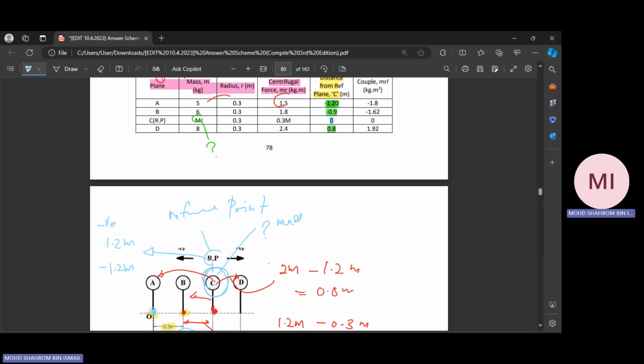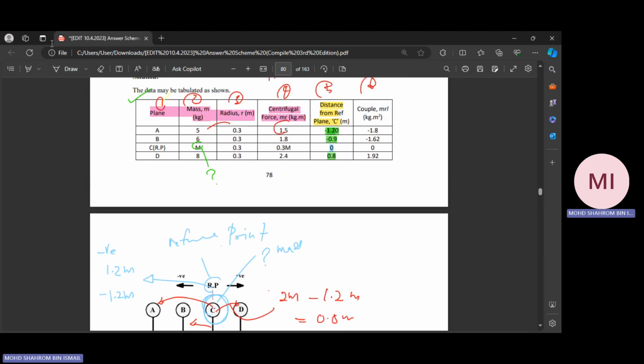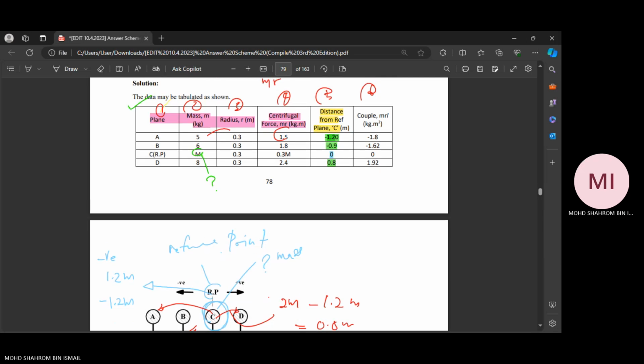So now you already have the distance from plane C. Therefore, you manage to get the 5th column now. Done.